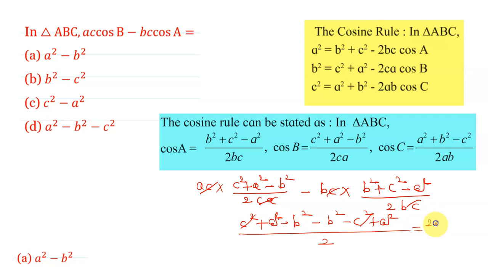Okay, 2A square minus 2B square, and this divided by 2. And if you simplify, then take the 2 as common, then 2 will get cancelled, and hence you will get the answer A square minus B square. And hence option A is the correct one.